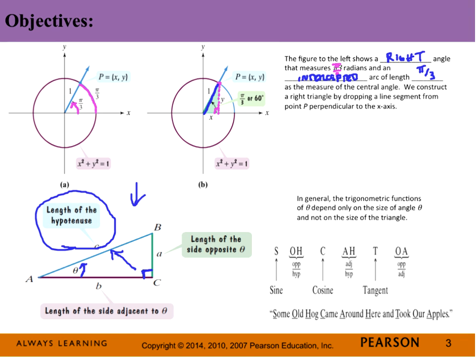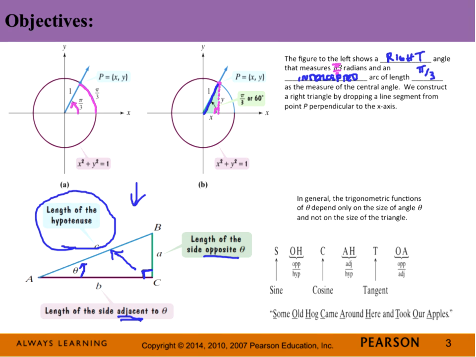The side touching angle theta is adjacent to theta. And the leg of the right triangle across from angle theta we call the opposite side, which should make complete sense. As mathematicians, we're not very imaginative when we name things. We usually try to name them for exactly what they are.